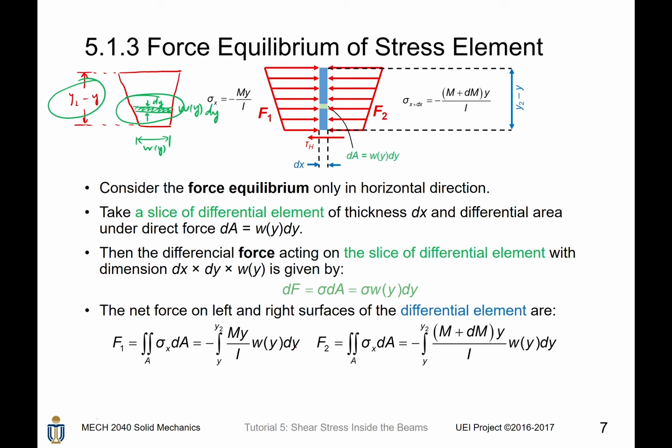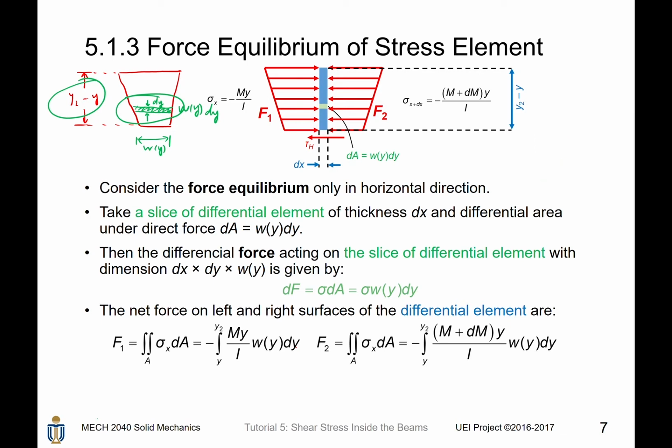For this thin plate differential stress element, you can see there are two forces acting on it. One is the direct stress caused by the bending on the left hand side. Another one is the direct stress caused by bending on the right hand side. In the last tutorial, we mentioned that we can draw a distribution of direct stress with respect to x, maybe like this, or maybe like this.